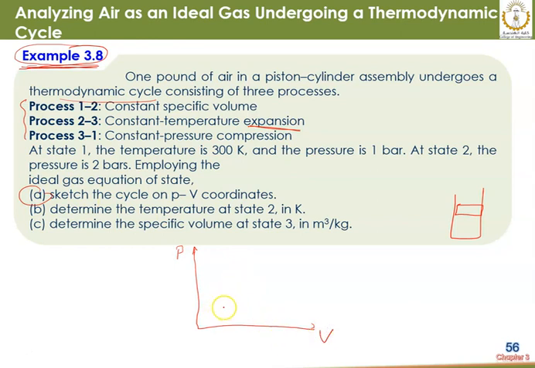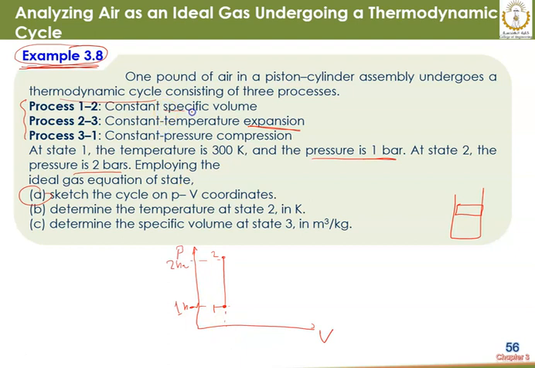The first one is constant specific volume, and the pressure changes from 1 bar, state 1, to 2 bar, state 2, so the pressure increases. So this is state 1, this is state 2, this here is 1 bar, and the pressure there is 2 bar, and the volume is constant.